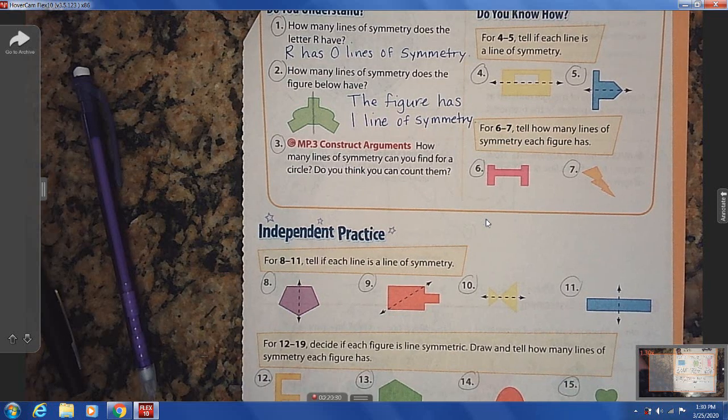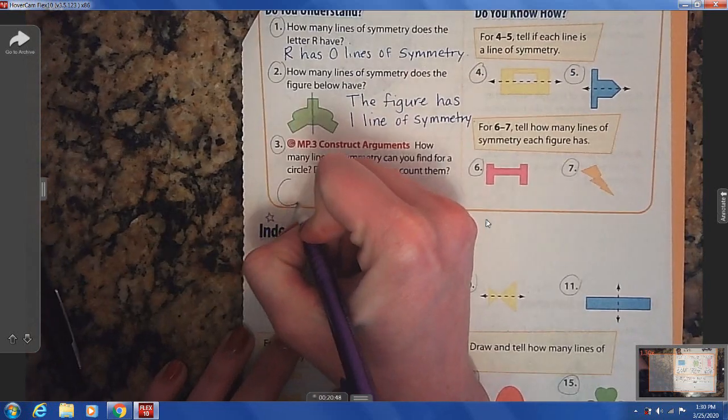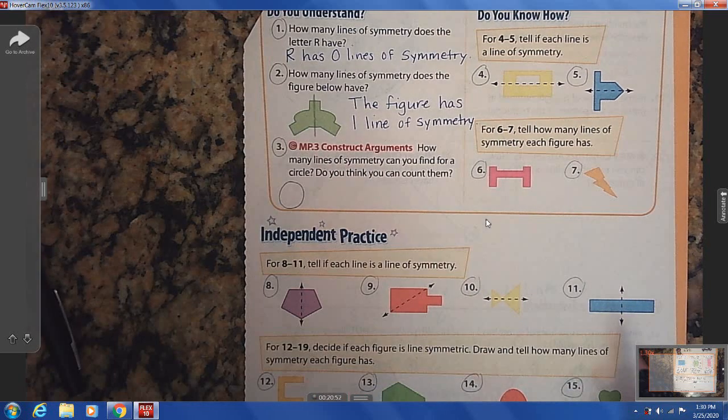Number 3, construct arguments, math practice 3. How many lines of symmetry can you find for a circle? Do you think you can count them? This is a crazy question. So if you draw a circle, circles are completely even the entire way around.